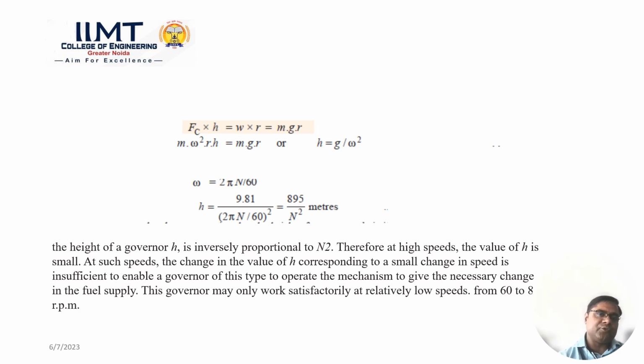Here you can put the value of omega, which is equal to 2 pi n divided by 60. So the final equation generated is H equals 895 divided by n square.